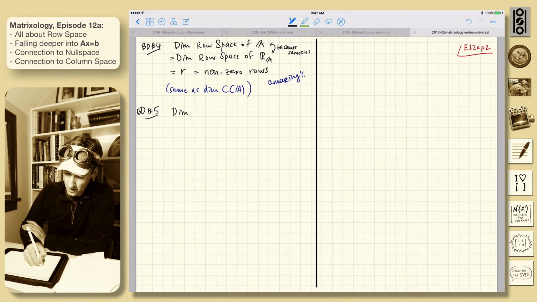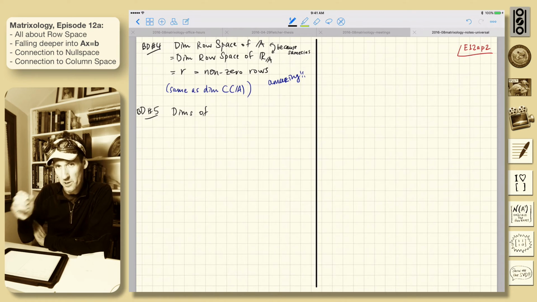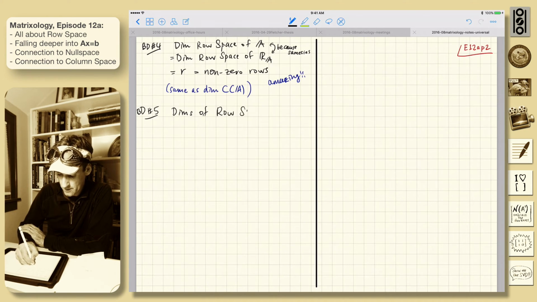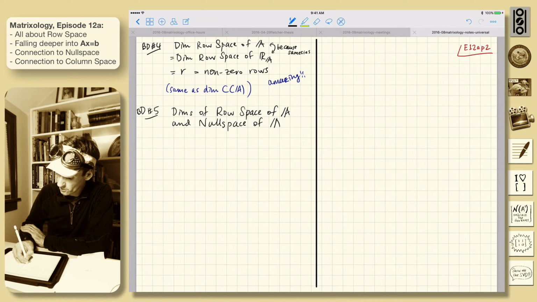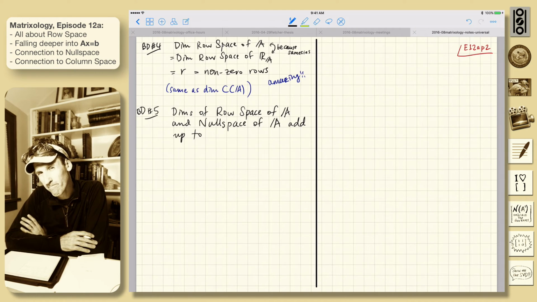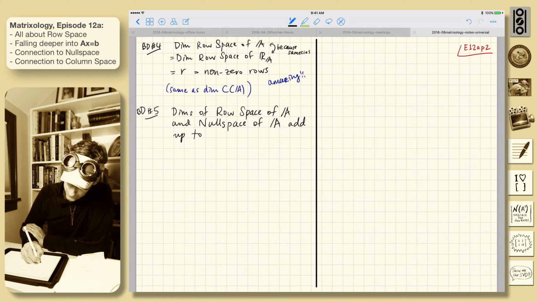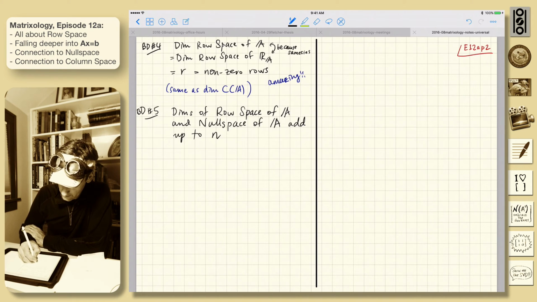The dimension of the row space of A and the null space of A, those two dimensions add up to n, which equals, just in order, r plus n minus r.